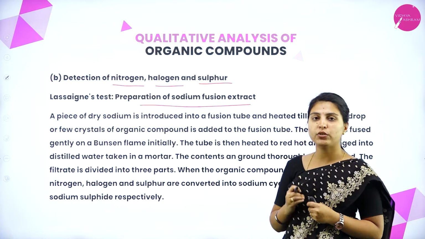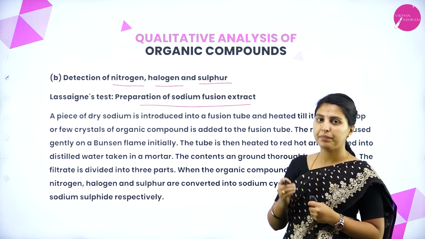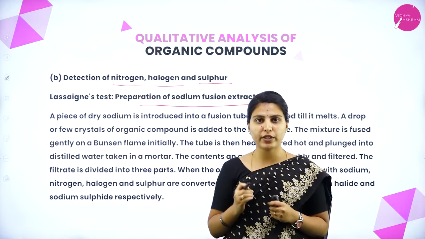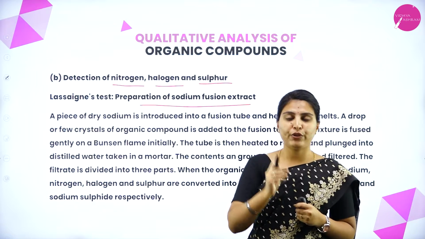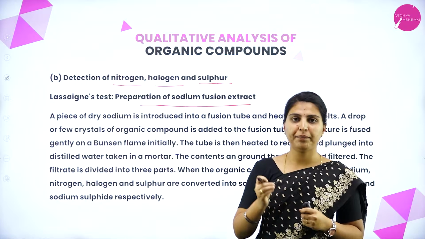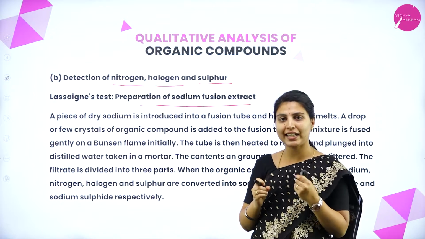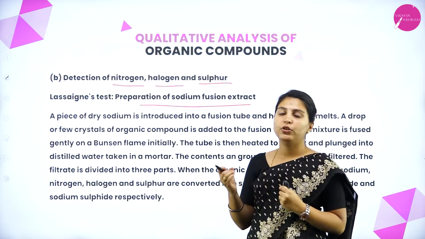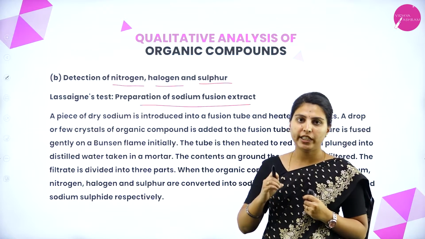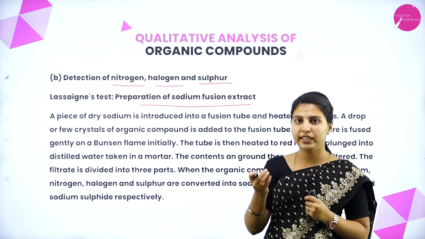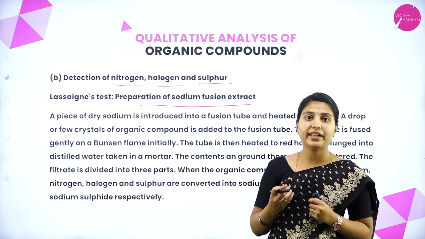To prepare the sodium fusion extract, take a piece of dry sodium in a dry fusion tube and heat it in a burner. After it melts a little, add your organic compound into it, and heat it again until red hot.